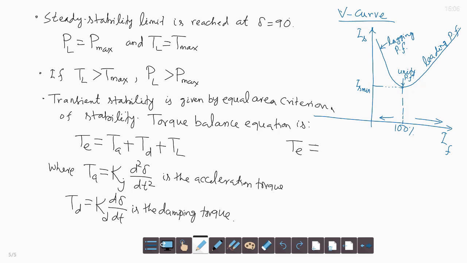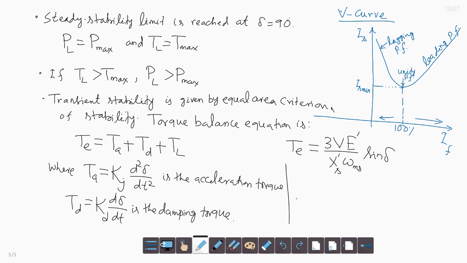The electromagnetic torque is given by 3 V into E dash by x s dash into omega ms into sin delta. This is because under the transient condition the reactance x s dash is different from x s and E dash is different from E, the EMF.